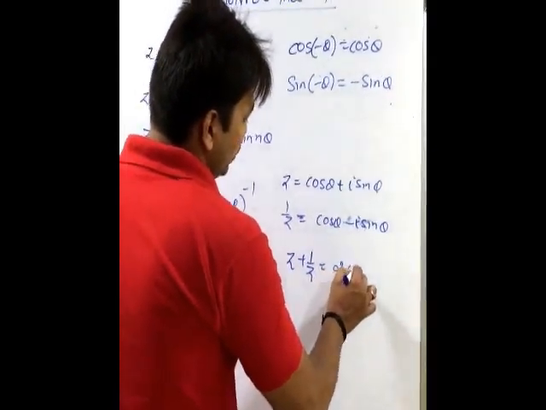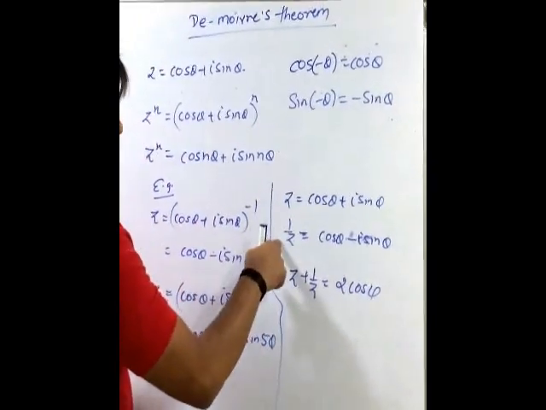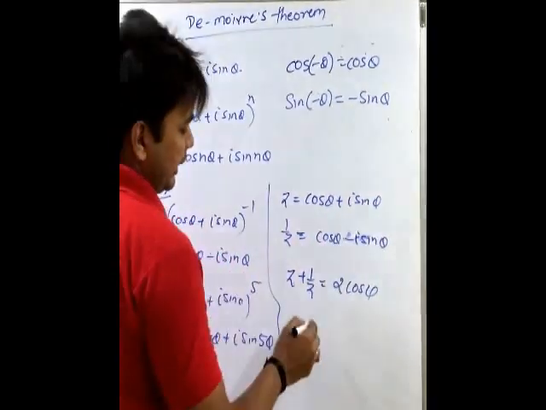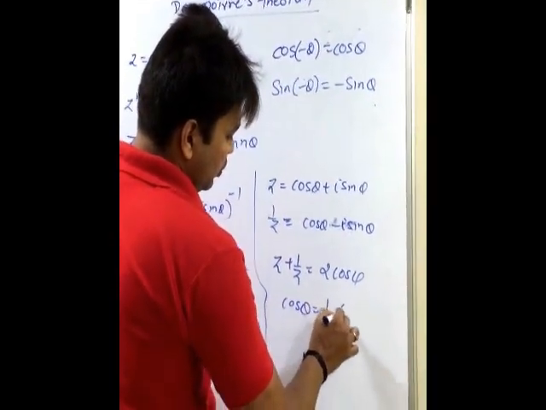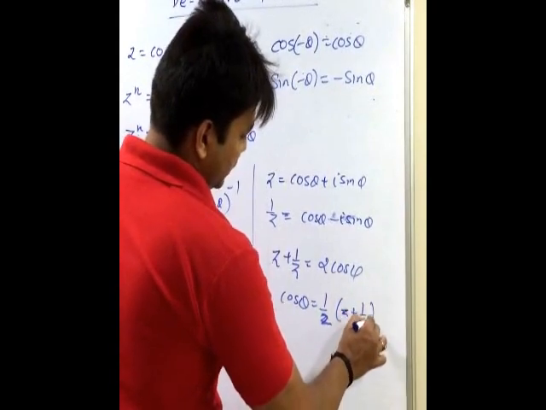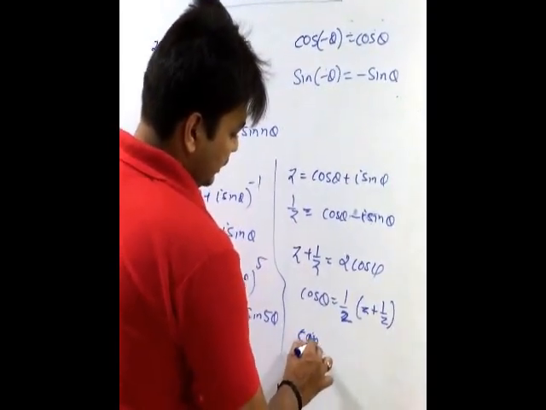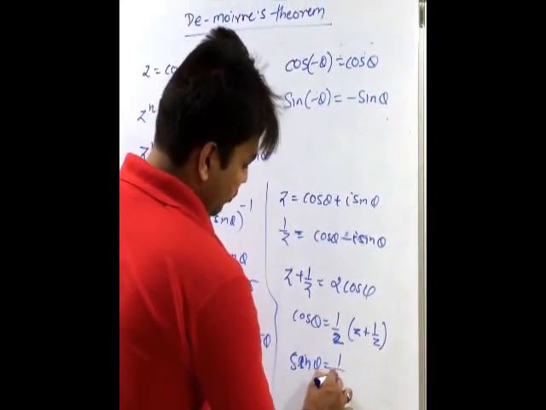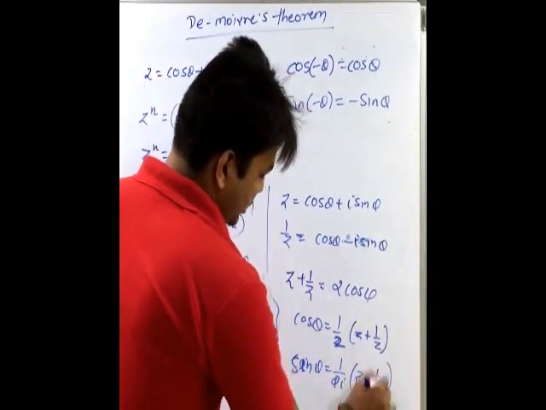You will get 2 cos theta, right? The i sin theta gets cancelled. So cos theta is 1 upon 2 times z plus 1 by z. Similarly, sin theta will be 1 upon 2i times z minus 1 by z.